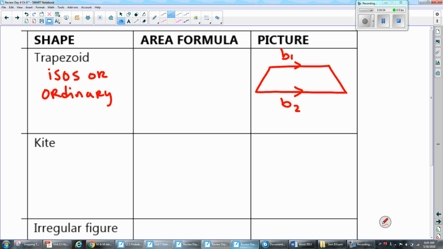It does not matter as long as those are your parallel sides. Again, with the height, must be perpendicular to those bases, not just going to use those side lengths. Since there's 2 different bases, we're going to find the average of them. Base 1 plus base 2 divided by 2, and then multiply it by the height. It's the average of the bases times the height.